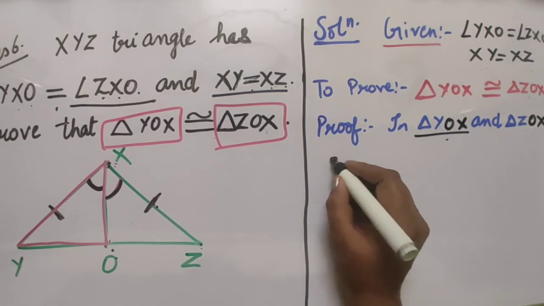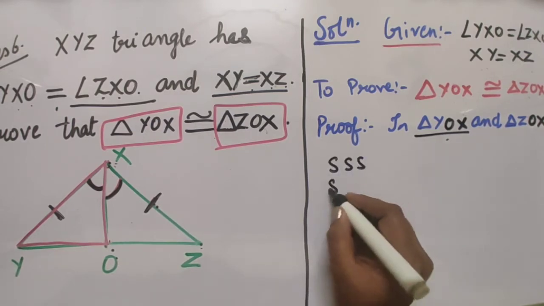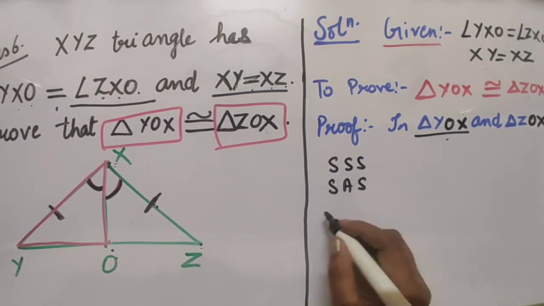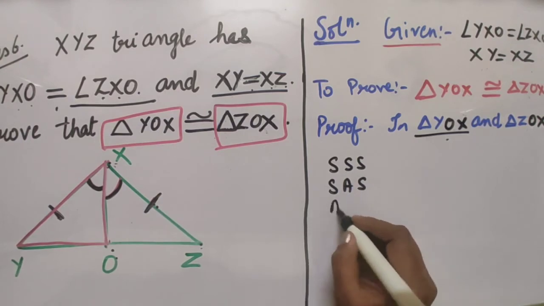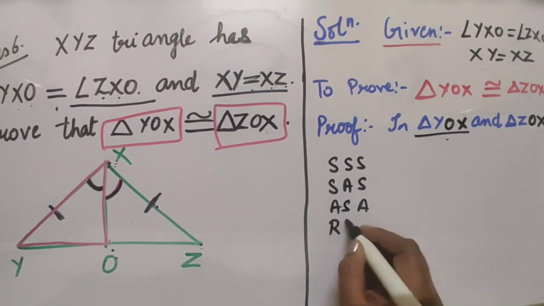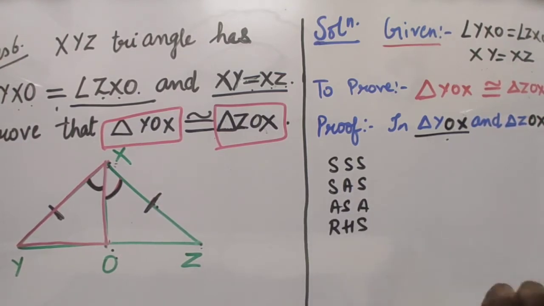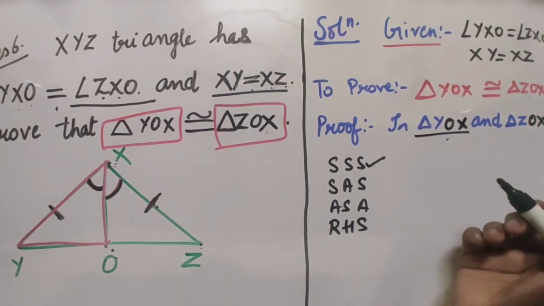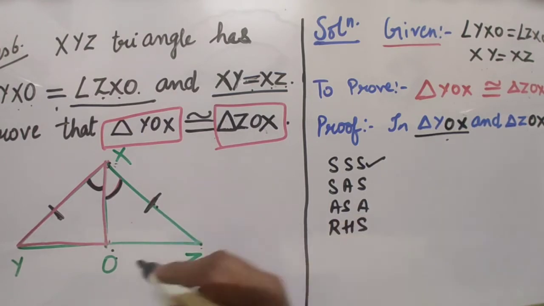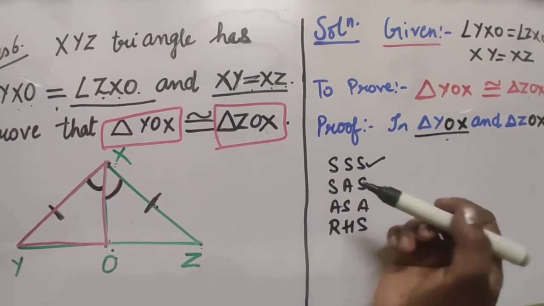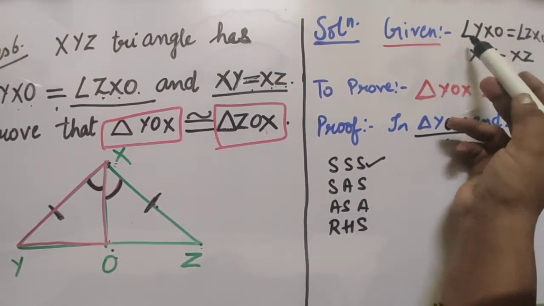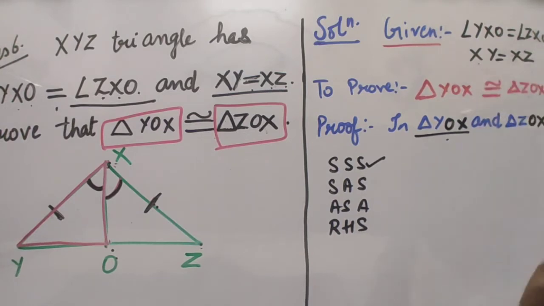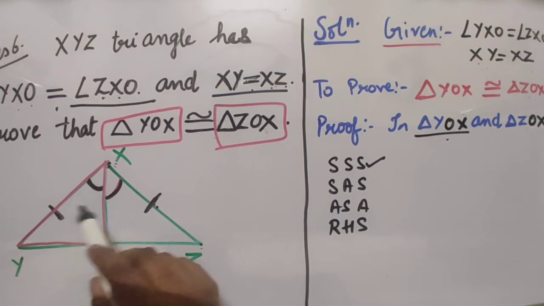Now, as you all know, we have 4 types of congruency: triple S, SAS, ASA and RHS, right? I always suggested you to start with the triple S only. But in this question what we can see is that we have one side and one angle.